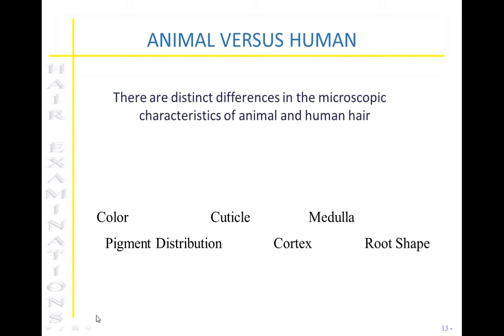The root shape for human hair is generally bulbous, and several animals have very distinct root shapes. For instance, cat hair has a root that tends to appear more of a paintbrush shape, where dog hair tends to be more spade-shaped.